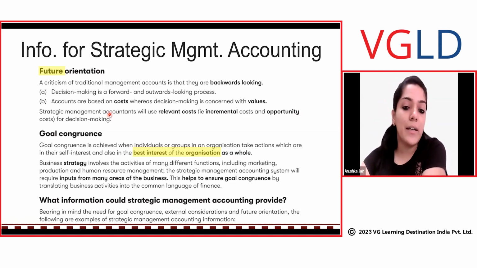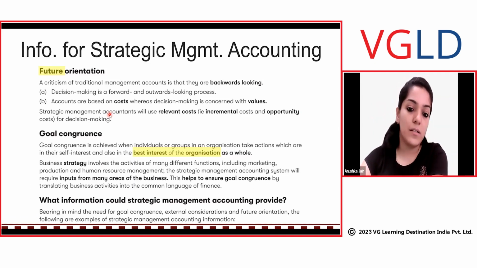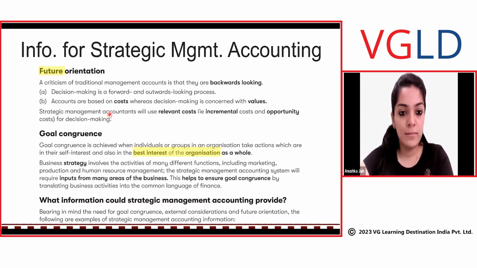Rhythm is saying incremental cost is the extra cost incurred by producing one extra unit. Okay. What do you understand by opportunity cost, relevant cost?